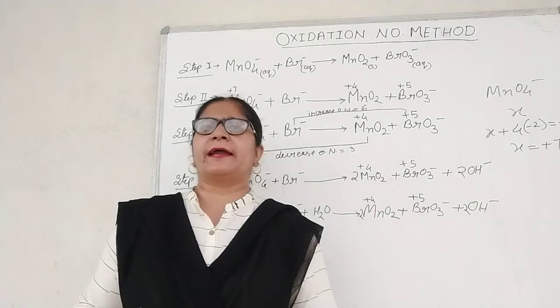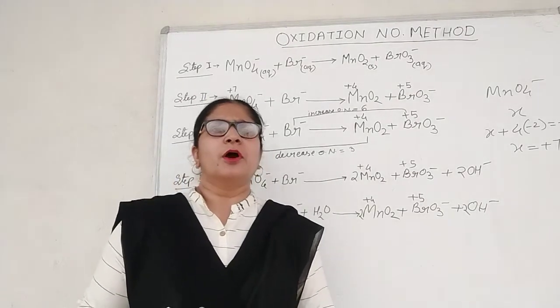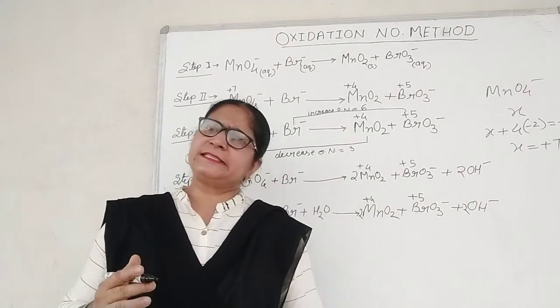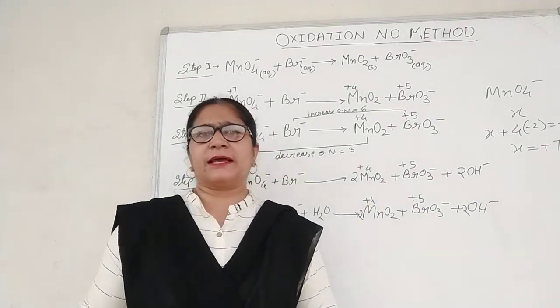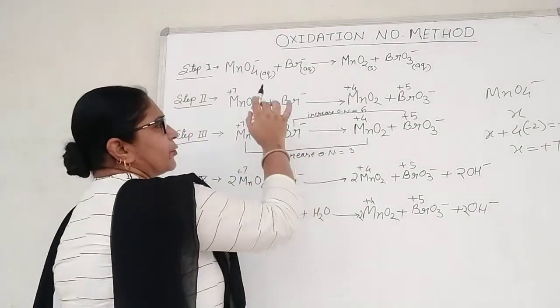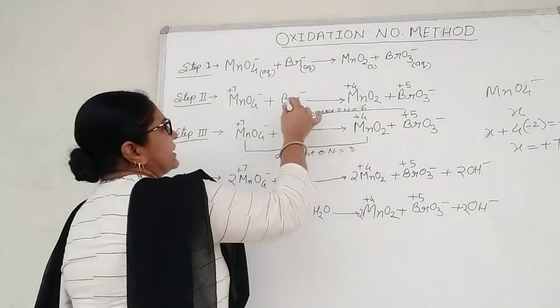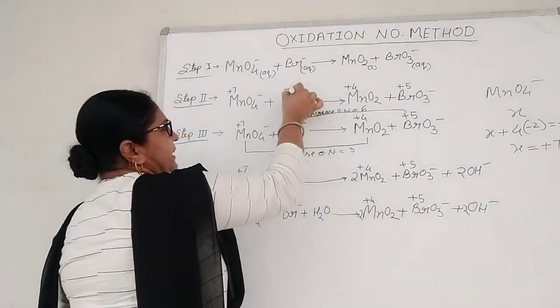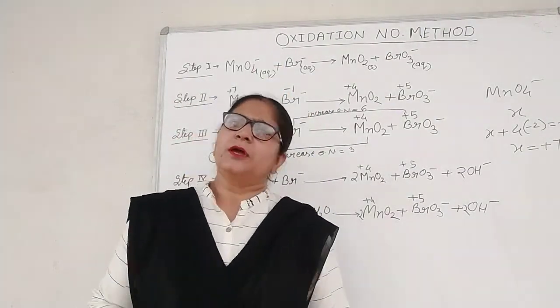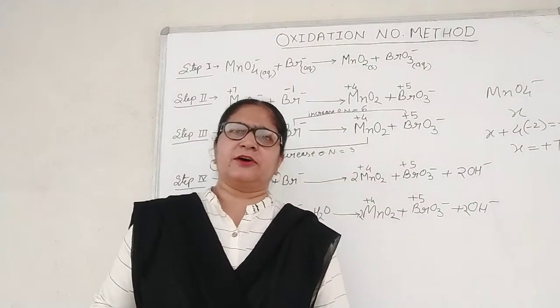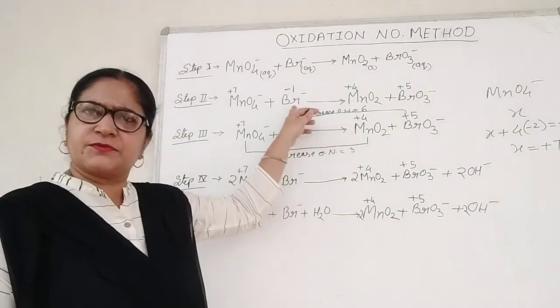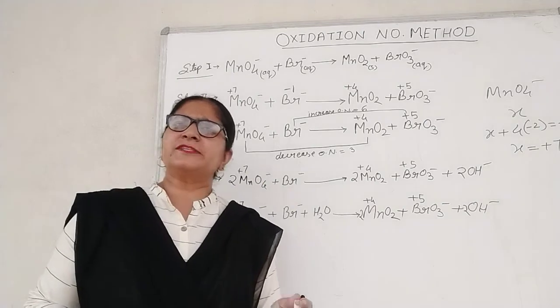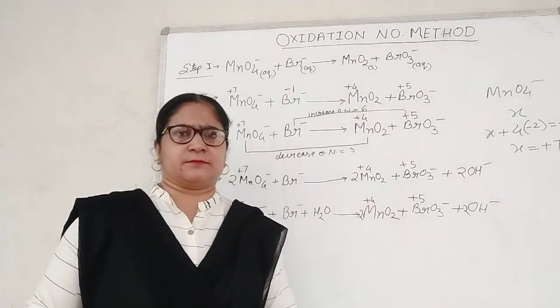We also know that the oxidation number of a monoatomic ion is the same as the charge on the ion. So, bromide ion has oxidation number -1. Now, let us focus on the products.